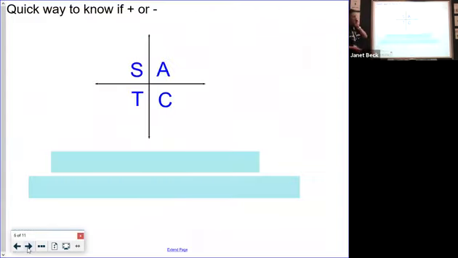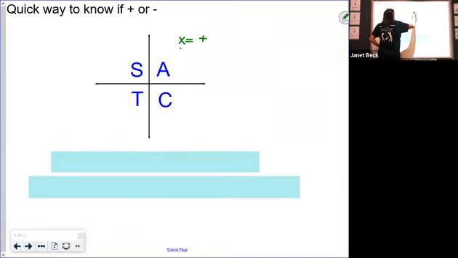It's a very quick way to do it. It's called ASTC. There's another way of doing it too. What this is telling you is that in quadrant 1, x's will always be positive, y's will always be positive, and of course, radius is always positive.